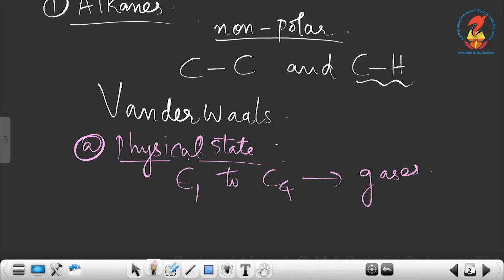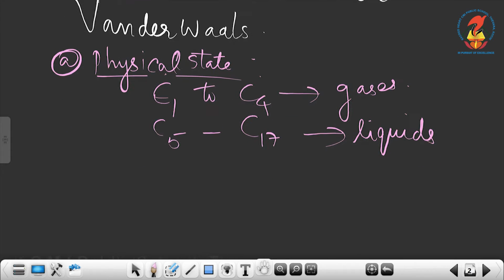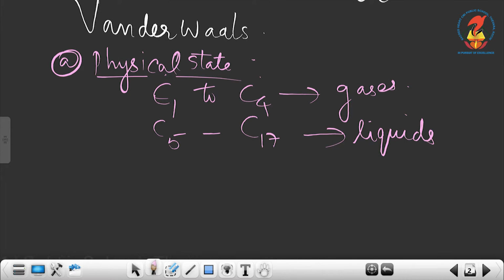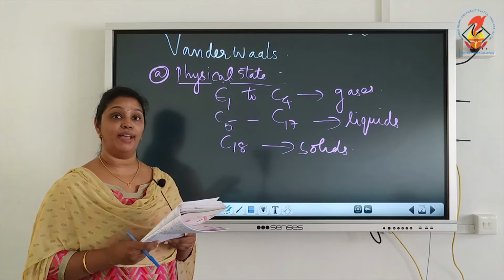Then, from C5 to C17, the next 13 alkanes are liquids, and C18 onwards are solids. So, this is about the physical state of alkanes.